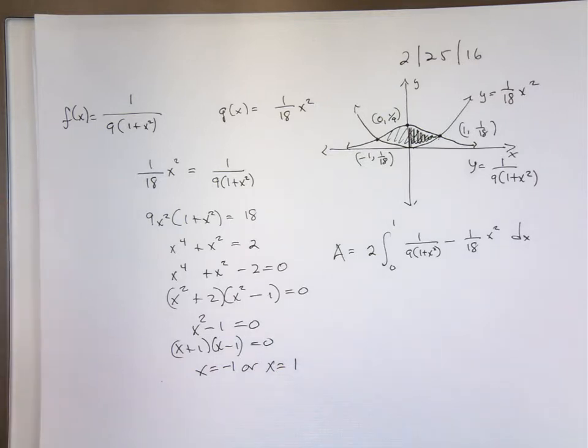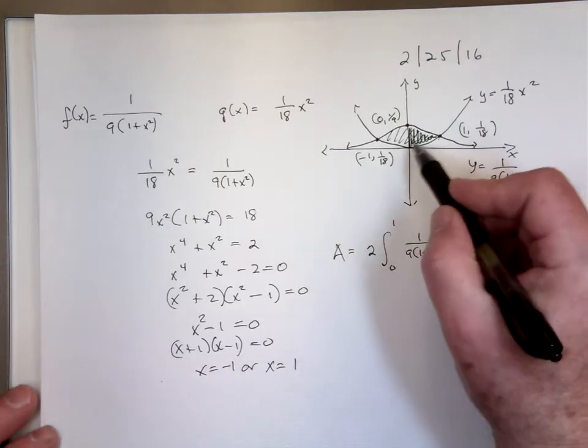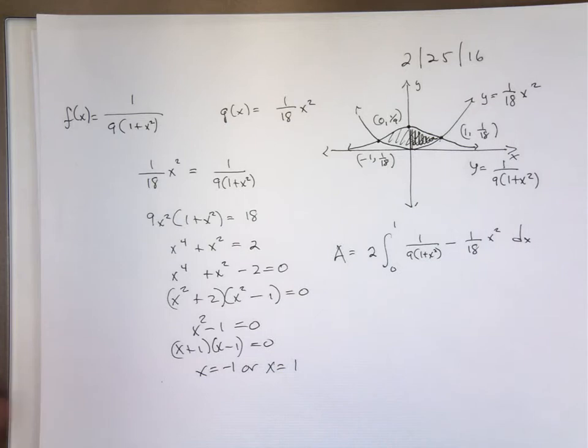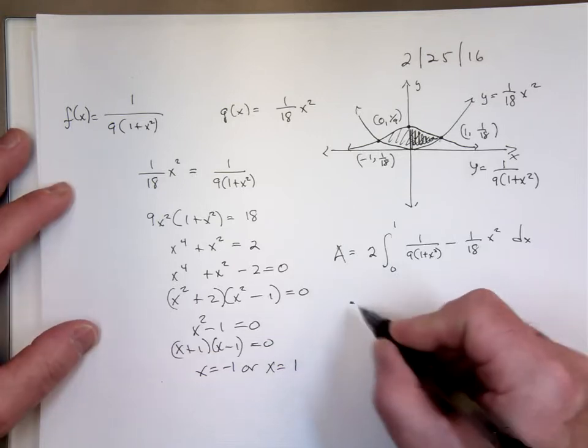We only go from 0 to 1? I'm going from 0 to 1 because I'm going to take half of it and double it. Use the symmetry. But if you use -1, that'd be okay. But it's just easier to go from 0 to 1. It's easier to substitute in zeros than negative ones. If you've got the symmetry, you may as well use it.